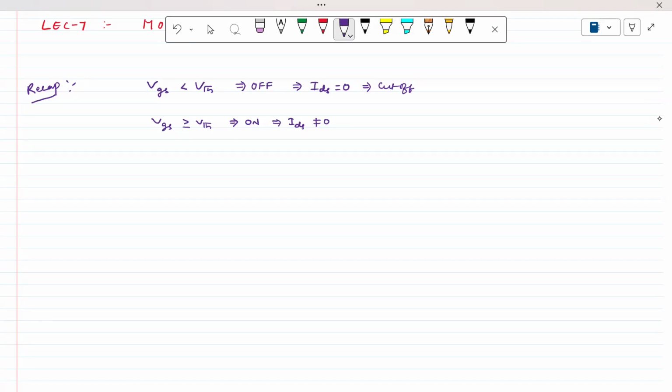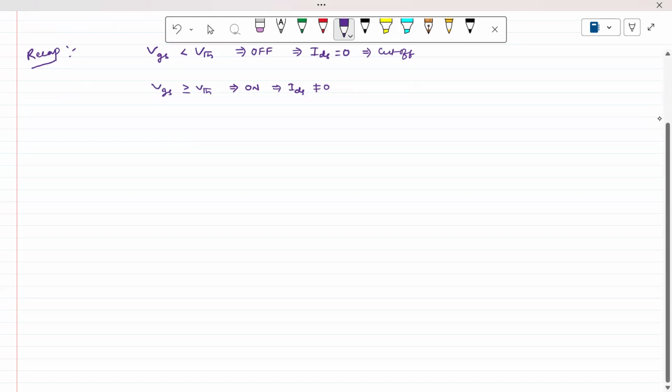If VDS is less than VGS minus VTH, under this condition the MOSFET is said to be in the linear region, which means that the current will follow the VDS value.